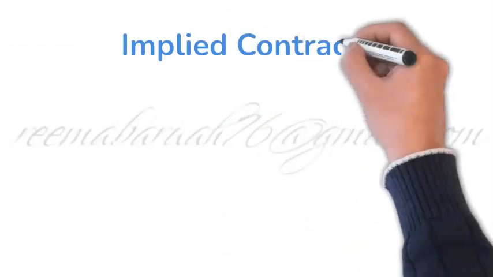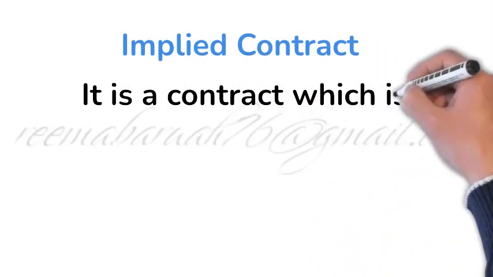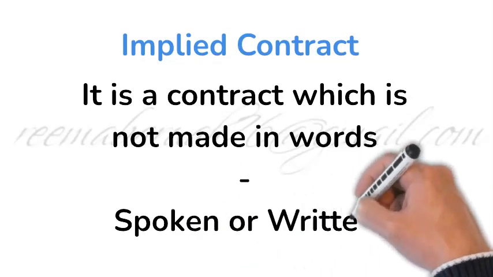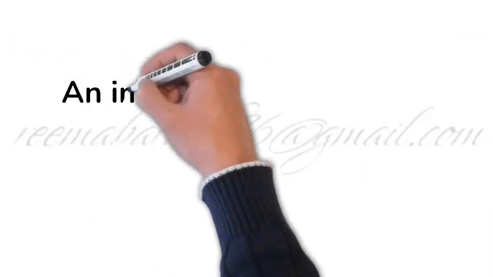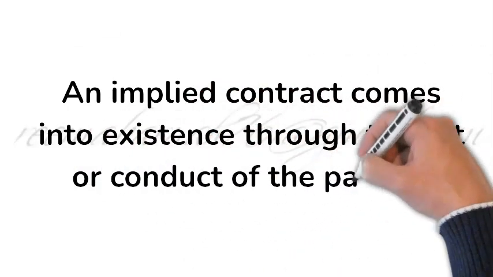Now we move on to the next type, that is implied contract. Implied contract is a contract which is not made in words, spoken or written. An implied contract comes into existence through the act or conduct of the parties.